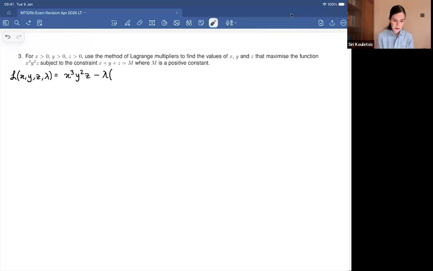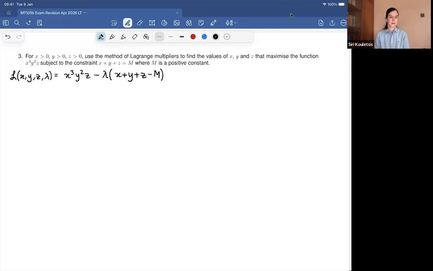We arrange this constraint here in the form x plus y plus z minus m equals 0. And then we take that left-hand side, we put it in here. So that's the Lagrangian.